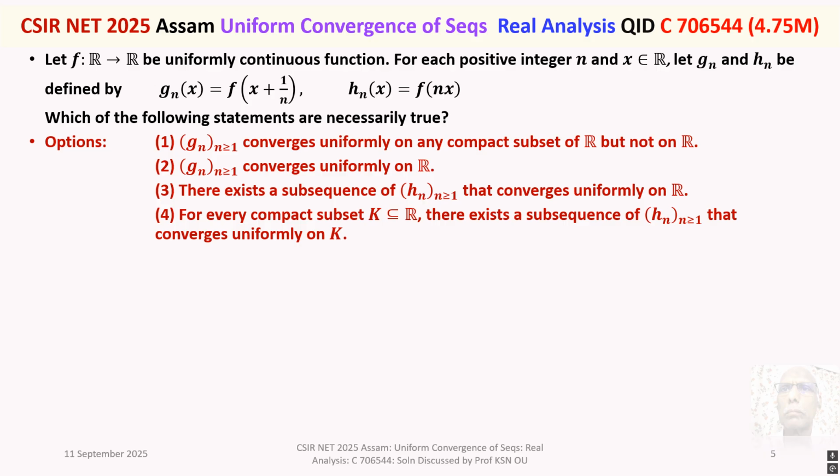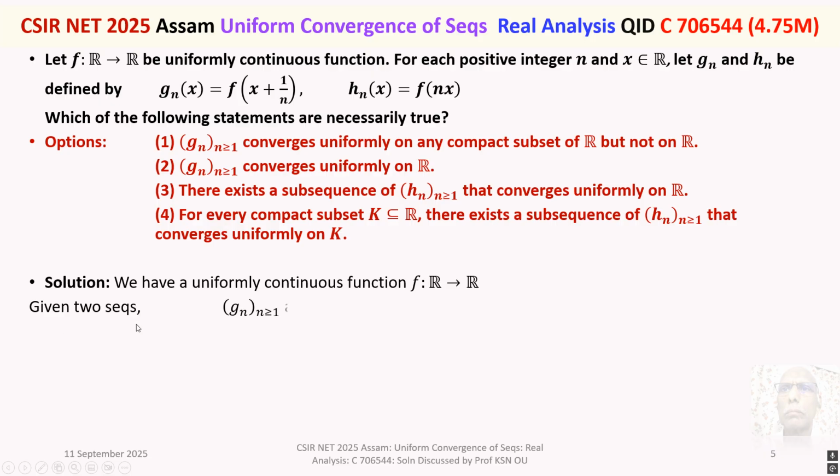Right. Let's now discuss the solution of the problem in detail. We have a uniformly continuous function f from R to R. Right. This is a very essential condition here. And given two sequences Gn and Hn, they are defined by Gn of x is equal to f of x plus 1 by n.